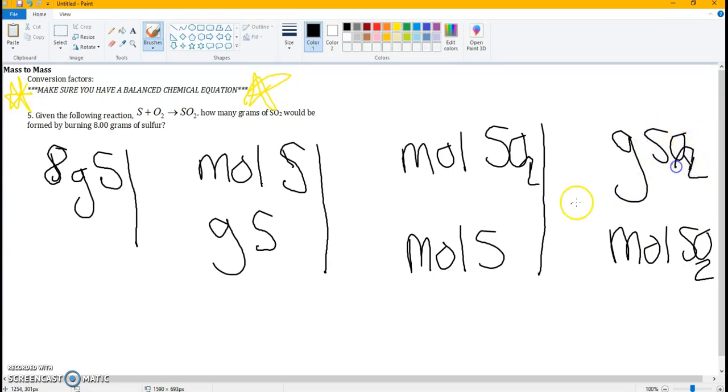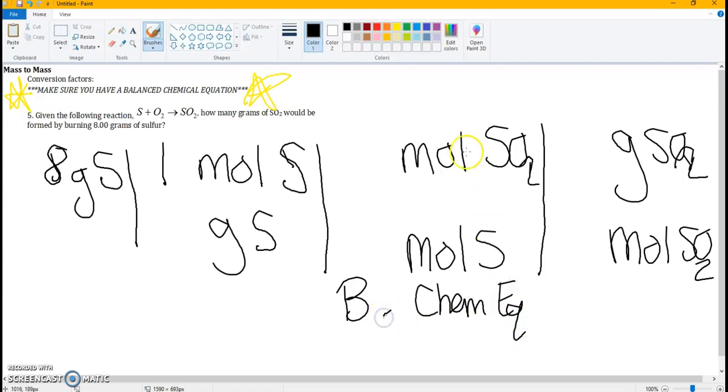Alright, so sulfur weighs a certain amount and it's always equal to 1 mole. Moles to moles, this guy I always get from the balanced chemical equation. Alright?